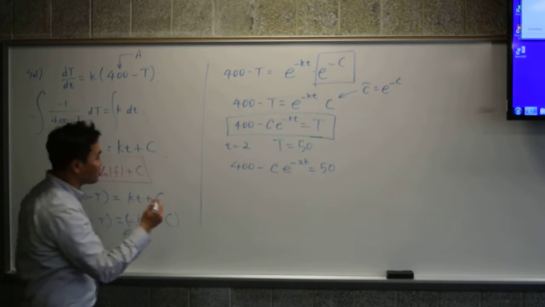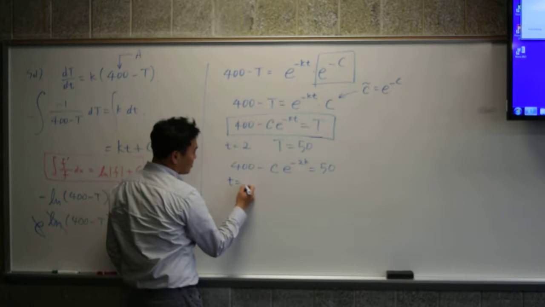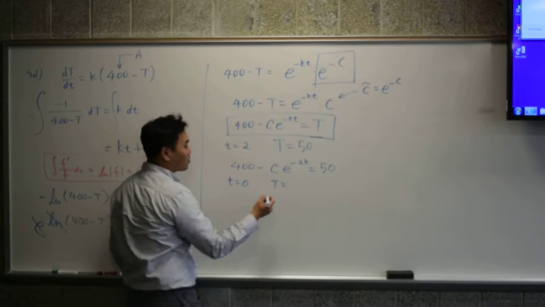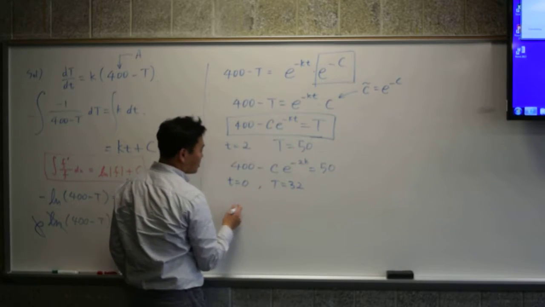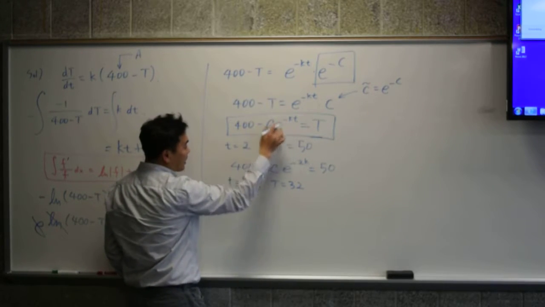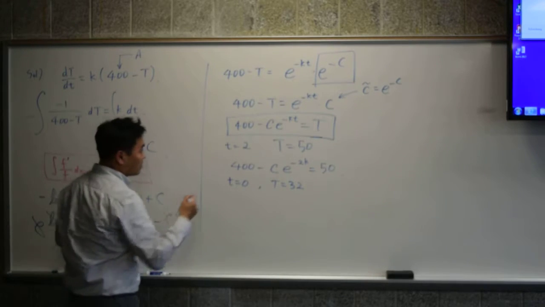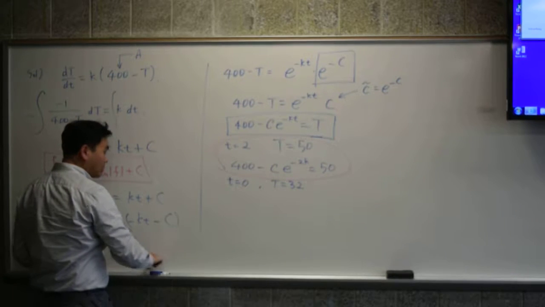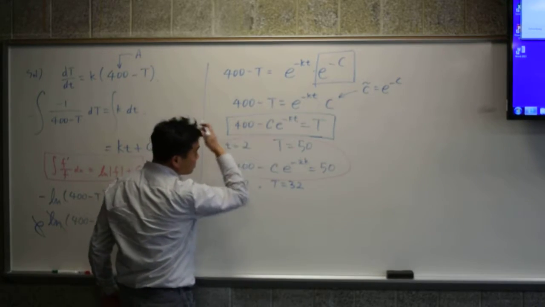Oh, there's another thing that we forgot to use. When t is 0, what was the initial temperature? 32. That's the thing that we forgot. So for the second investigation, we set t equal to 0.